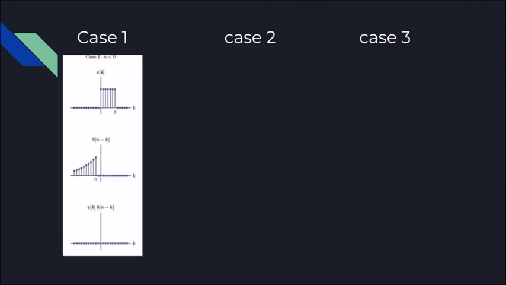We can see here in the next slide, for case number one, when n is less than 0, we have the signal x of k and h of n minus k, and then the product graph signal when both of them are multiplied.